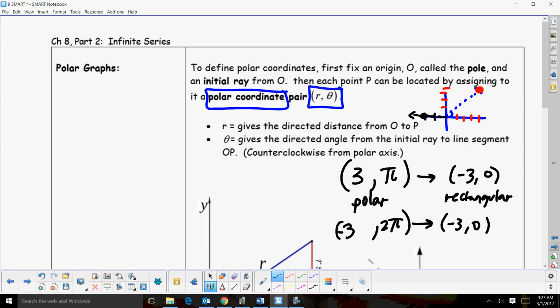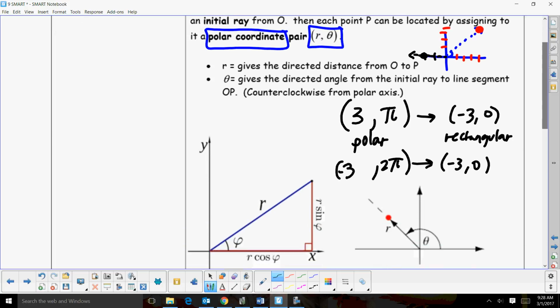Crazy. Okay, let's say pi over 2, 2. Don't say it aloud. Think in your head where you're at. Peyton, where are you? What rectangular point?